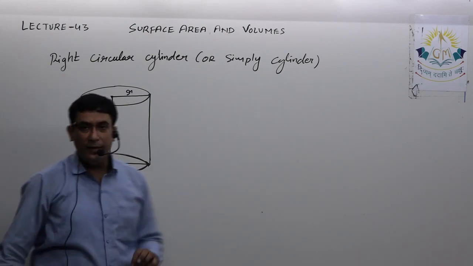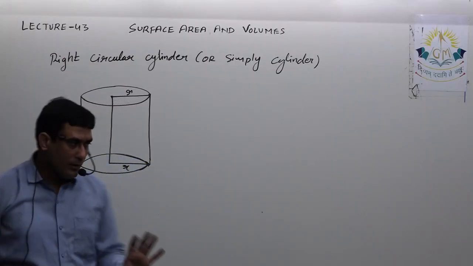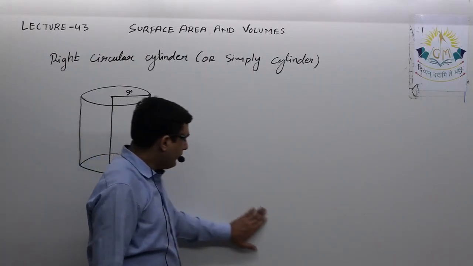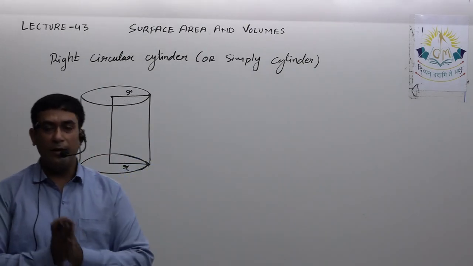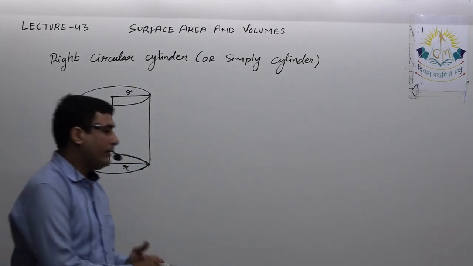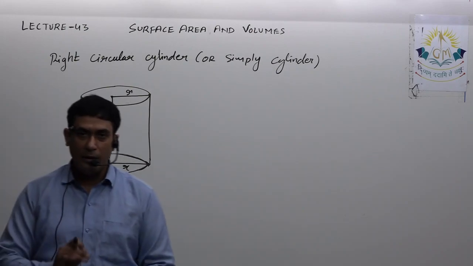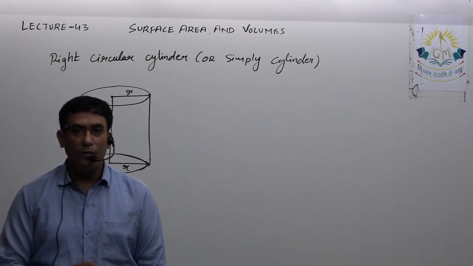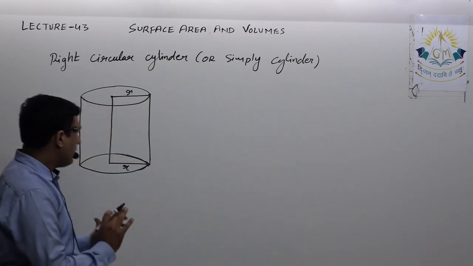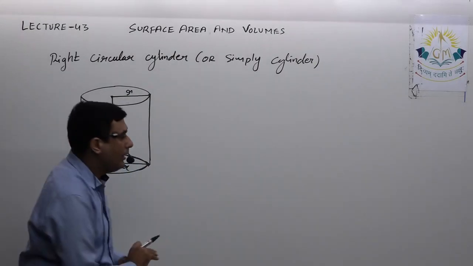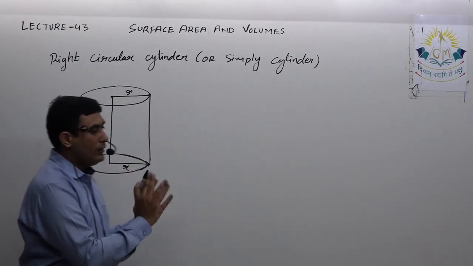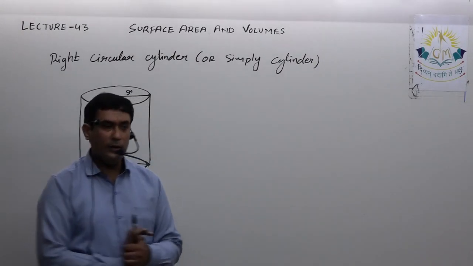Then again we'll find its curved surface area. Now here instead of lateral surface area we use the words curved surface area. The meaning is the same. When I say curved surface area or lateral surface area, it has the same meaning, that is area of walls. Because the cylinder has a curved surface, we say curved surface area. For cube and cuboid it was not curved, so we used to say lateral surface area.